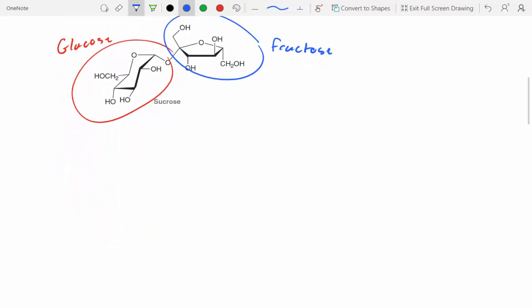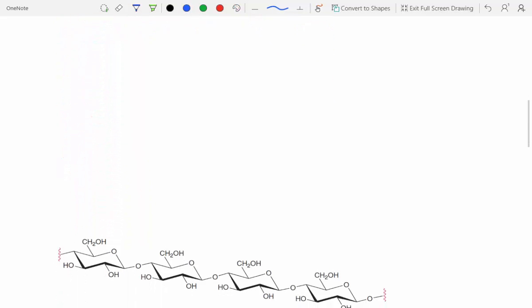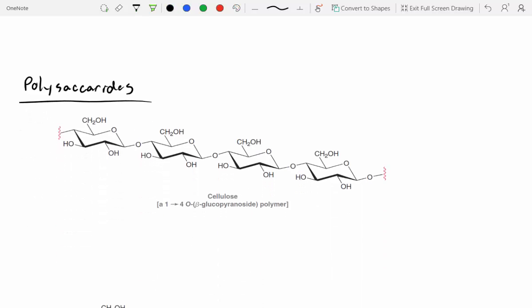The other ones that are super common in biochemistry are polysaccharides. If we look at cellulose, cellulose is just repeating glucose units. And if we look at it, what sort of linkage do we have between polysaccharides of glucose, or of cellulose, excuse me?